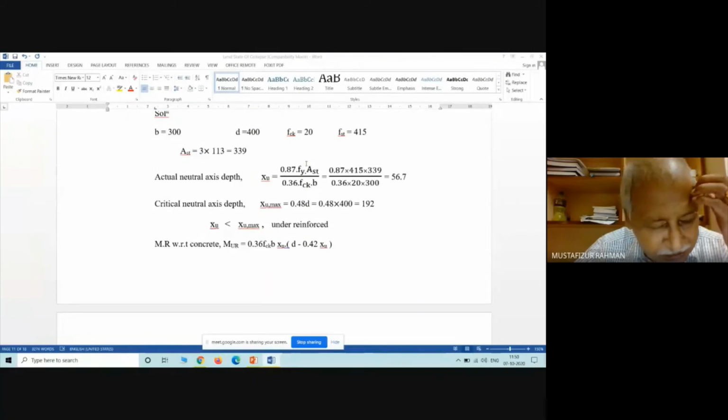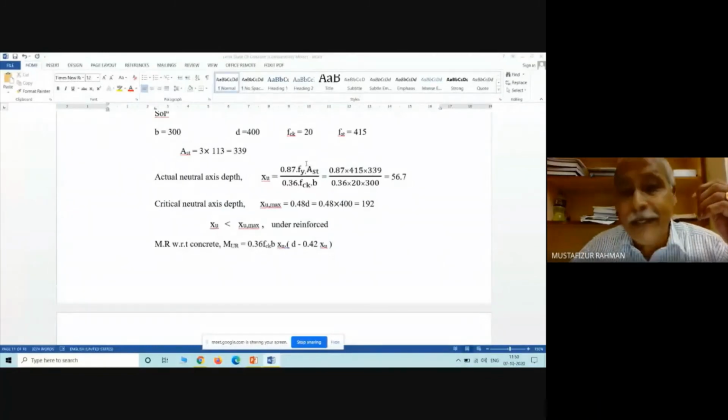Similarly, 20 diameter is 314, and 25 millimeter is 492. If you remember, you will be able to save time.